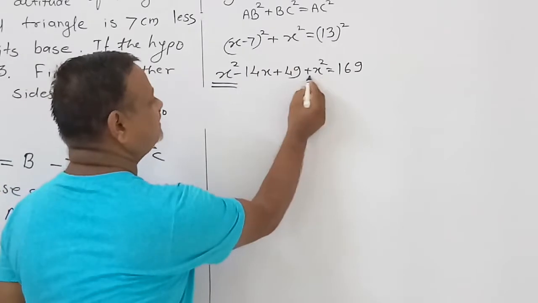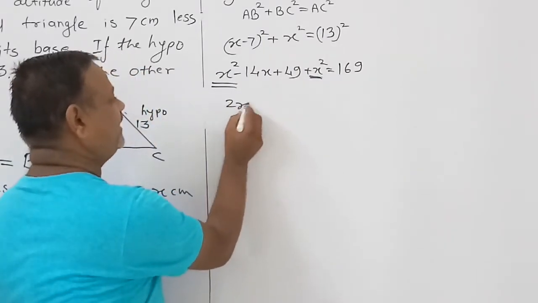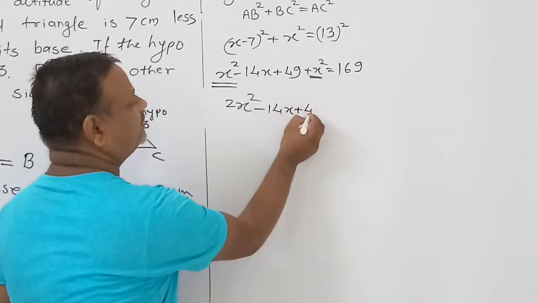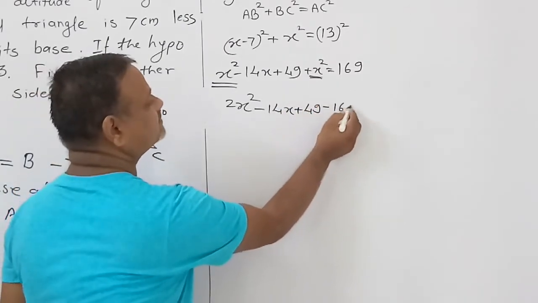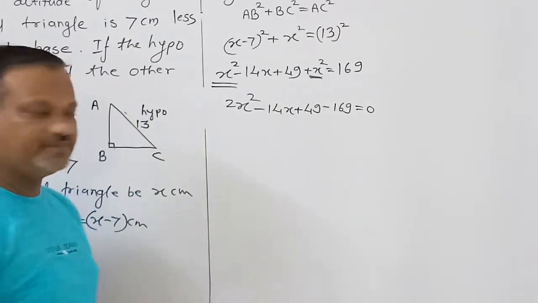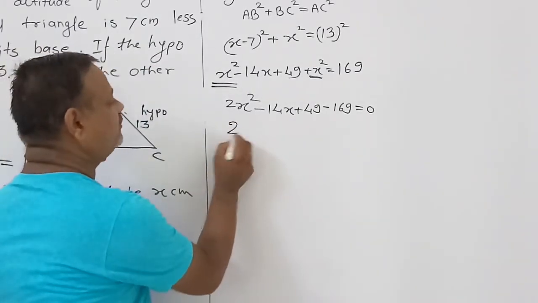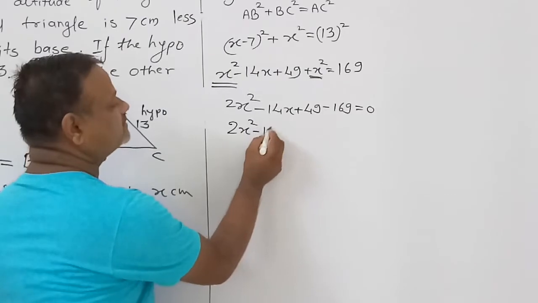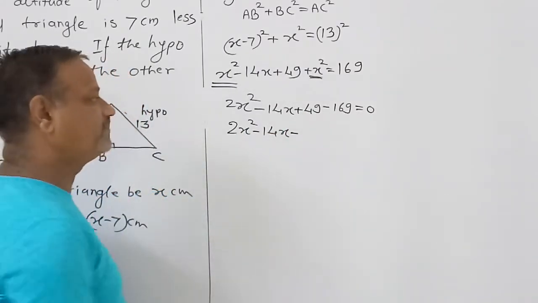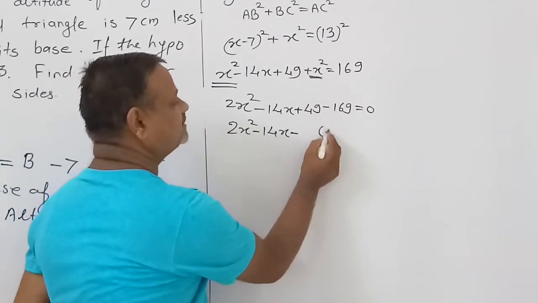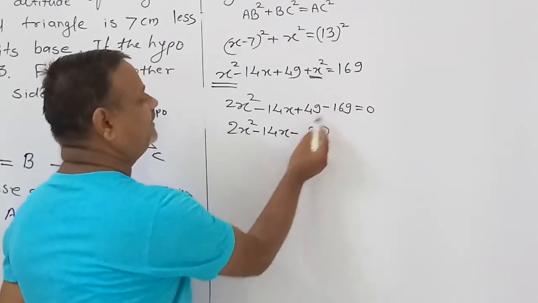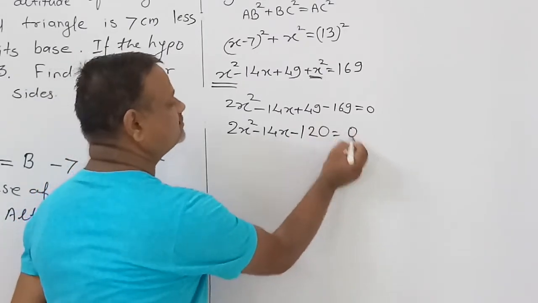Now x square plus x square becomes 2x square minus 14x plus 49 minus 169 is equal to 0. Got it? Now this is your 2x square minus 14x, and this subtraction: 49 minus 169 will give minus 120, is equal to 0.